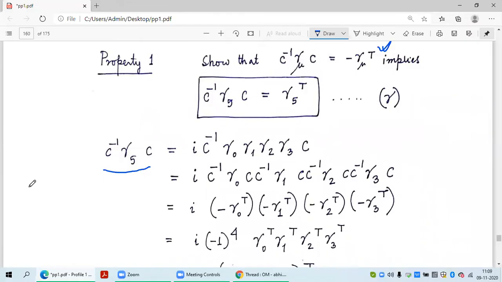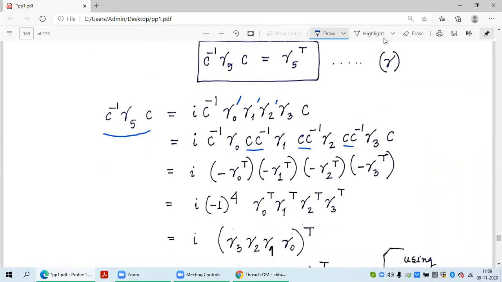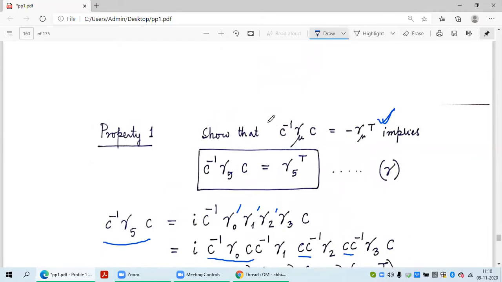C inverse gamma 5 C: you write down gamma 5, opening up this definition this way, as a product of gamma matrices, and in between each pair of gamma matrices you introduce this identity matrix. Now you couple these first three, and this will give, according to this equation, which is true for all mu, gamma 0 gamma 1 for all mu.